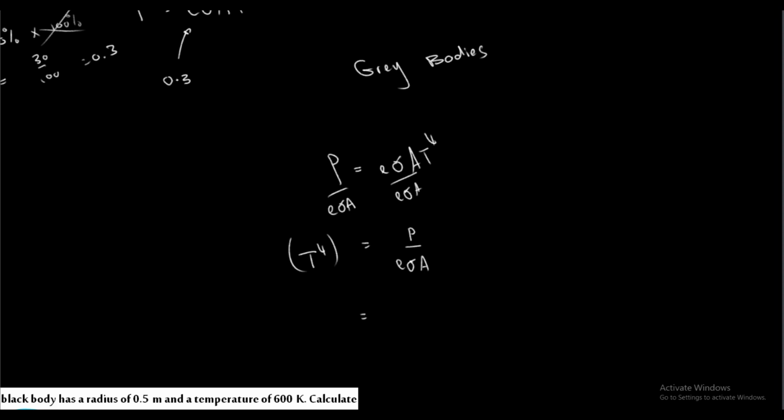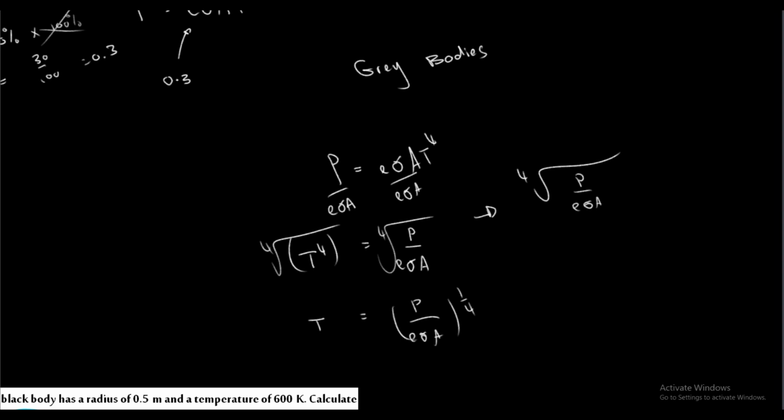Now I can fourth root both of these equations. And what you might notice is that sometimes you might write the form P over E Stefan Boltzmann's constant A in this form, but in most physics textbooks, you will see this. And we're going to raise it to 1 over 4.